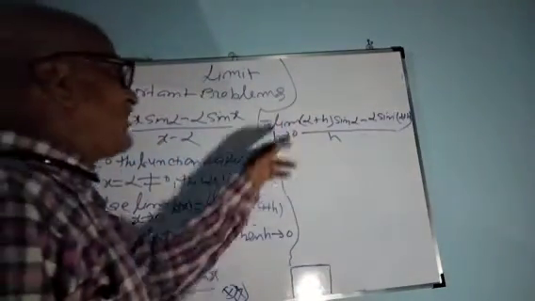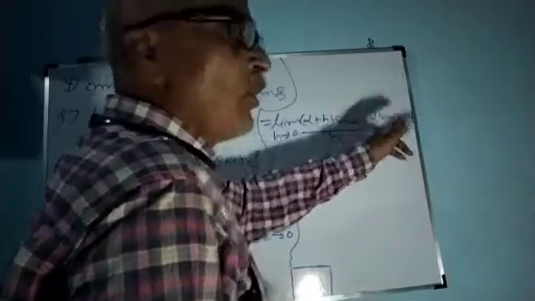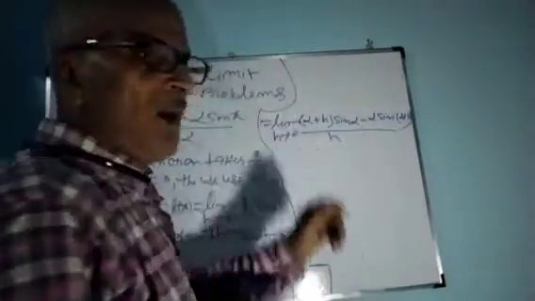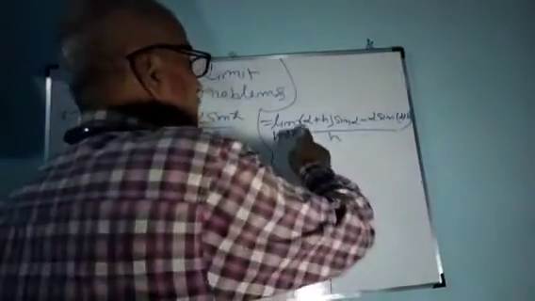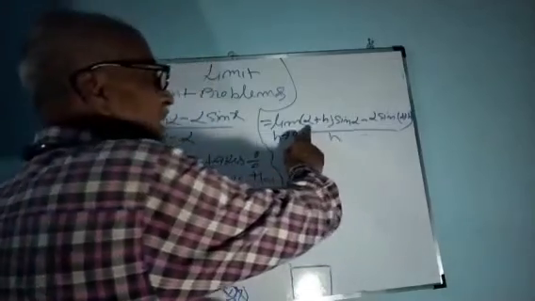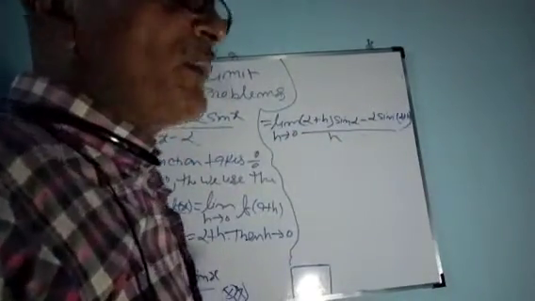Now from alpha sin alpha and minus alpha sin(alpha plus h), we take alpha common.